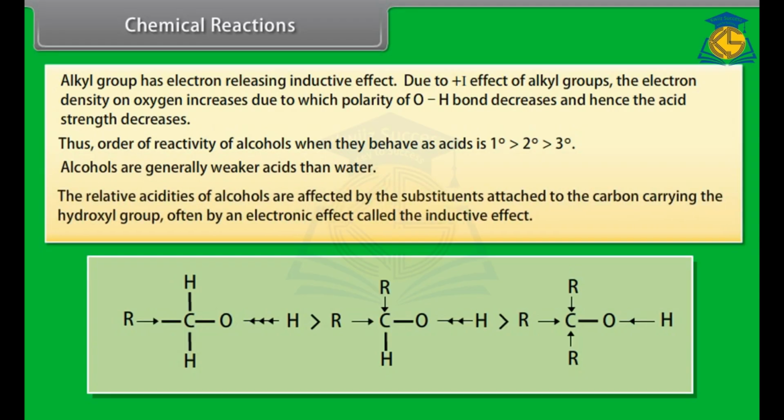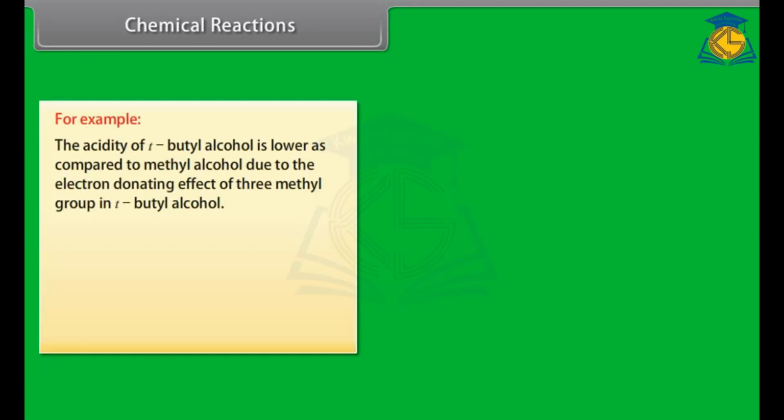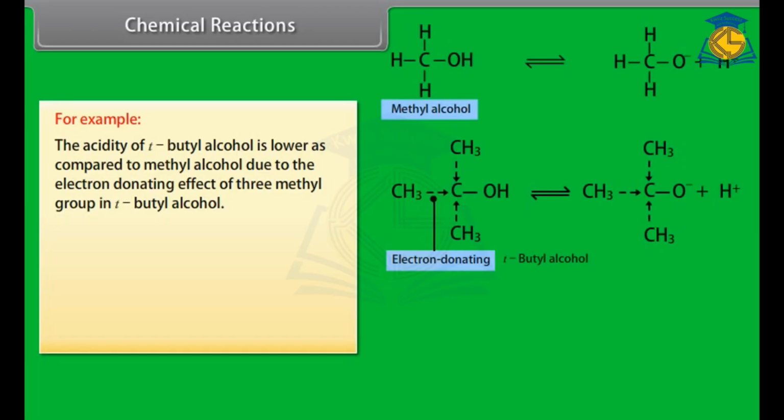The relative acidities of alcohols are affected by the substituents attached to the carbon carrying the hydroxyl group, often by an electronic effect called the inductive effect. For example, the acidity of tert-butyl alcohol is lower as compared to methyl alcohol due to the electron-donating effect of 3 methyl groups in tert-butyl alcohol.